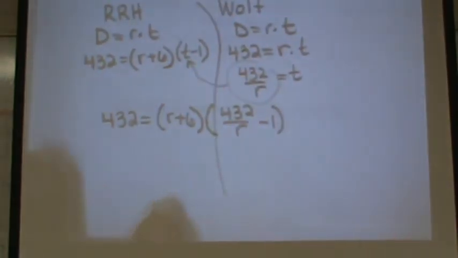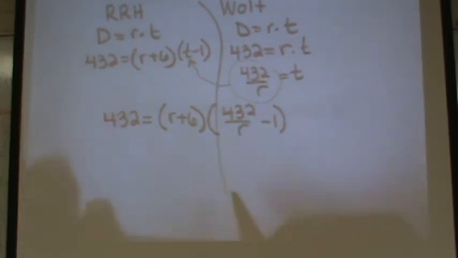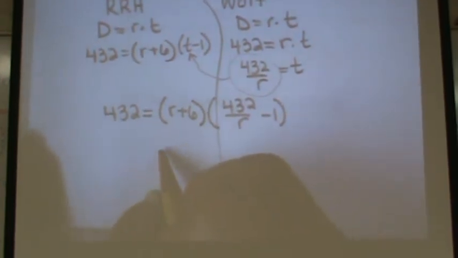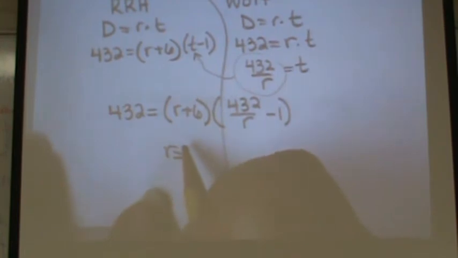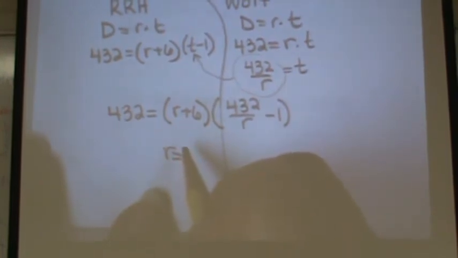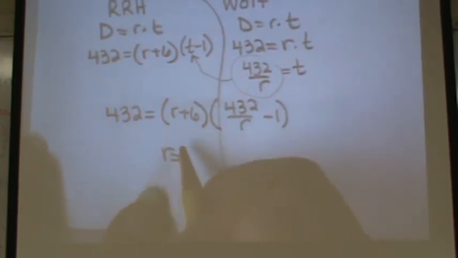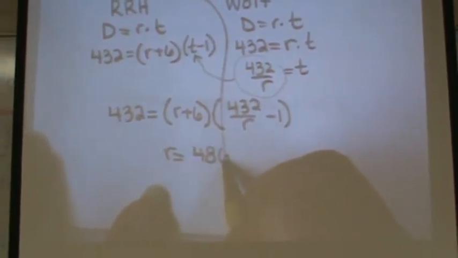I'm going to plug this into my graphing calculator, and you're going to solve for R using your calculator. Obviously someone's speed is not going to be 5 or 6, it's going to be a little faster. So the speed ends up being 48.6 on your graphing calculator.